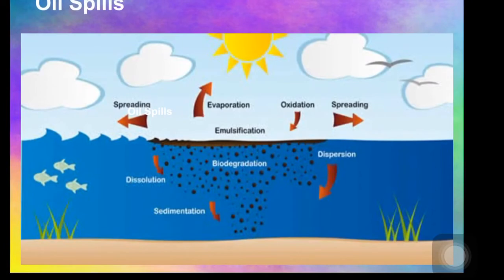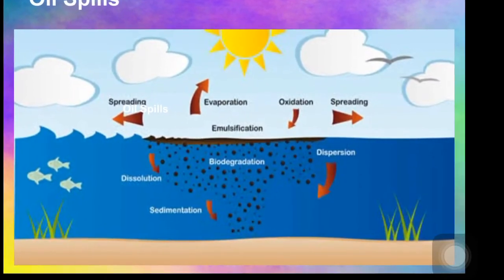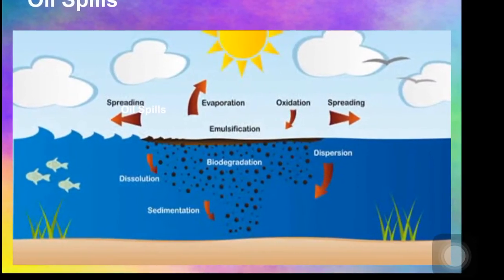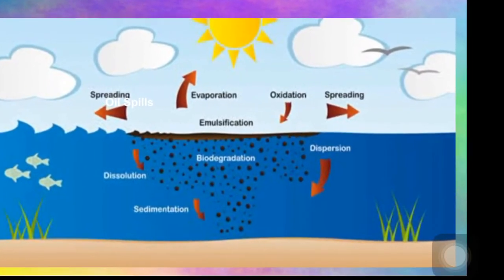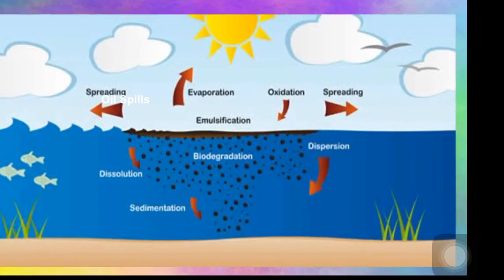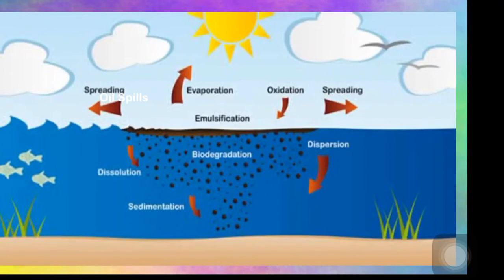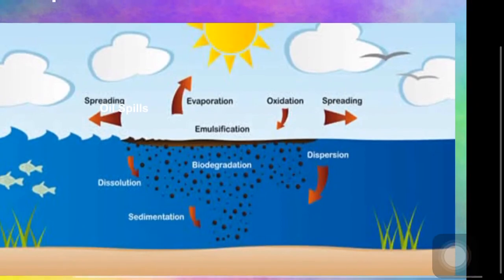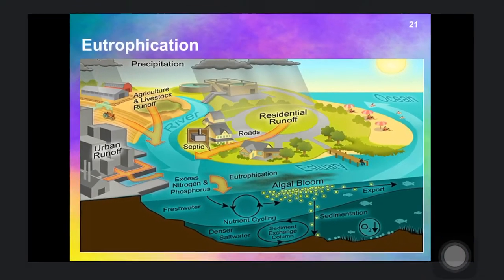Most of the weathering processes such as evaporation, dispersion, dissolution, and sedimentation lead to the disappearance of the oil from the surface of the sea, whereas others, particularly the formation of water-in-oil emulsions and the accompanying increase in viscosity, promote its persistence.